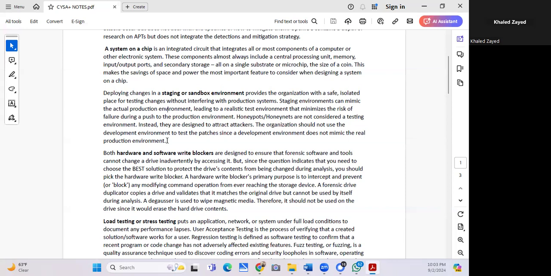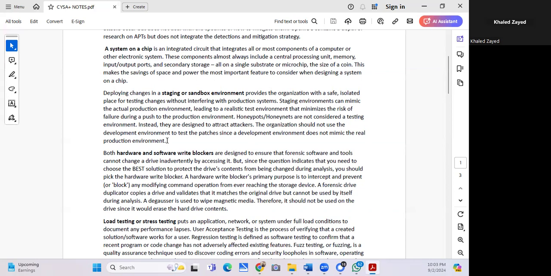When you deploy a change in a sandbox environment, you basically provide the organization with a safe, isolated place for testing changes without interfering with the production systems. Staging environments can mimic the actual production environment, leading to a realistic test environment that minimizes the risk of failure during a push to the production environment.